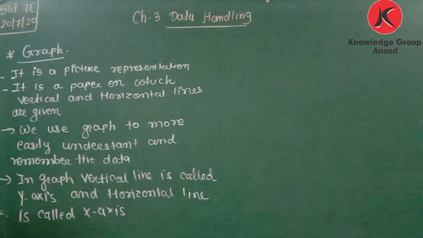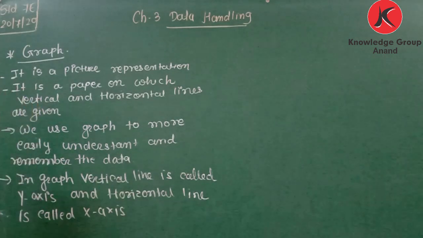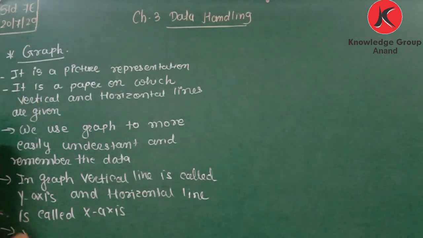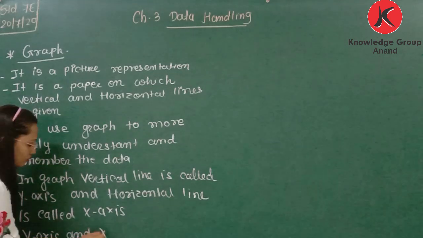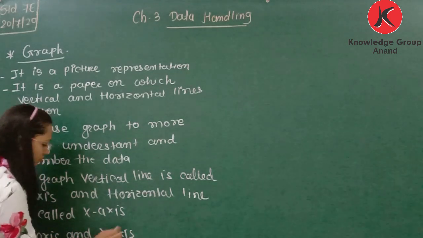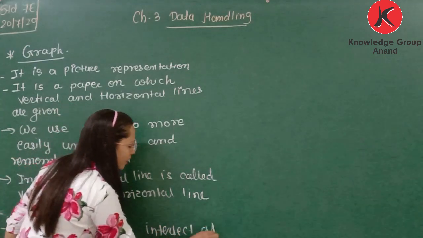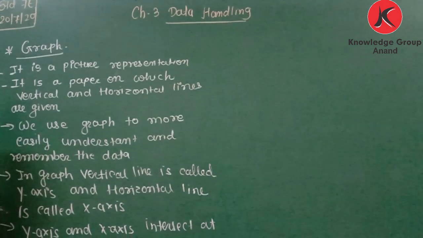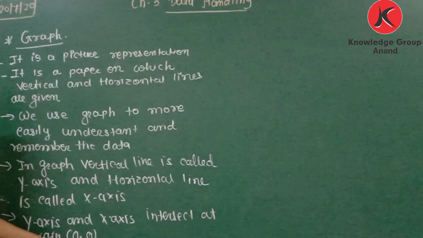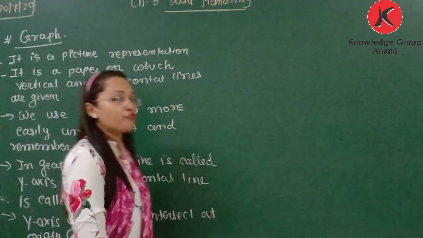Okay, x-axis and y-axis intersect at the origin. The point of origin is 0, 0. Okay, what is the point name of origin? That is 0, 0.